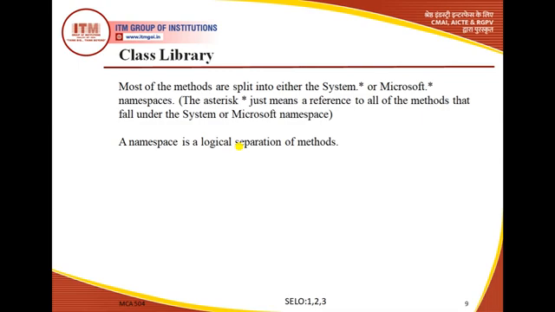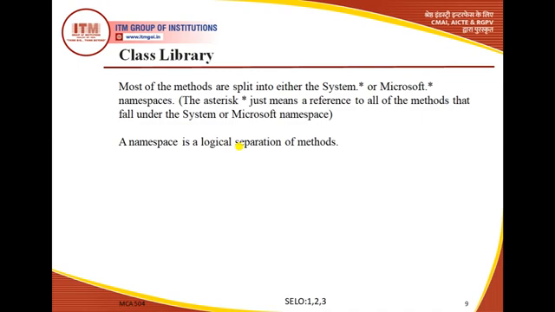Similarly, there is one more namespace. Like from System.IO, similarly there can be Console.ReadLine, Console.WriteLine etc. that we use. So what is Console? Console is also a namespace, and ReadLine, WriteLine are the methods of that namespace.